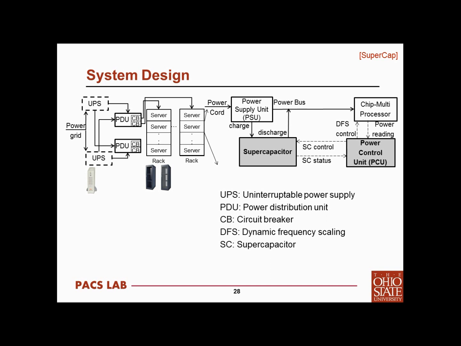Our design includes two parts, the supercapacitor and the power control unit. The supercapacitor is basically a hardware unit. It will charge and discharge the energy. The power control unit will control the charge and discharge status of the supercapacitor and control the frequency level of the processor, in order to coordinate those two components to ensure that the power consumption of the server never goes higher than a certain value, in order to enforce our power budget.